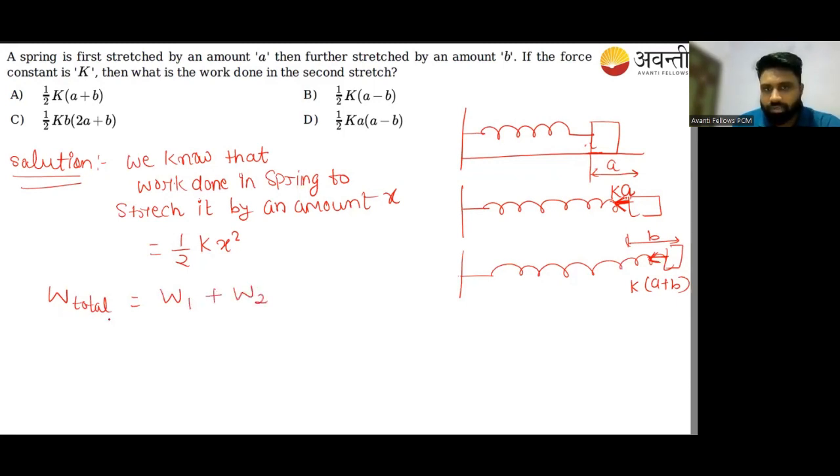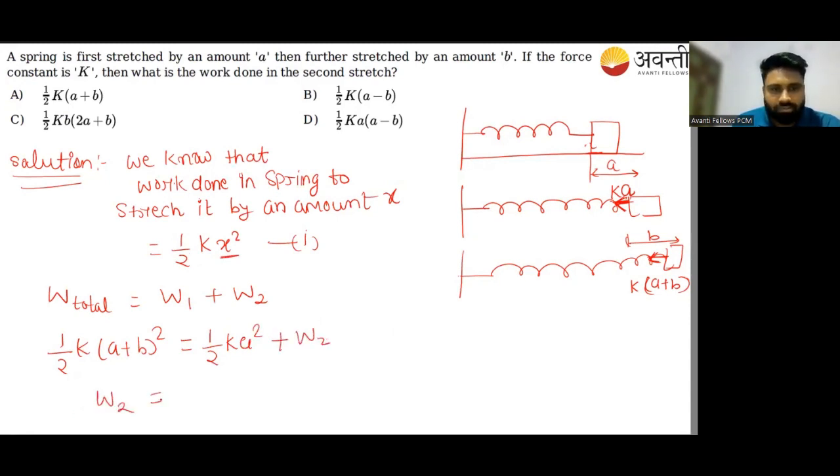We know the work done total because we know the total extension, which is A plus B. So according to the formula mentioned in equation number 1, 1 by 2 K times A plus B whole square equals work done in first stretch, which is 1 by 2 K, and the value of stretch is A, so A square, plus W2, which we are interested in.